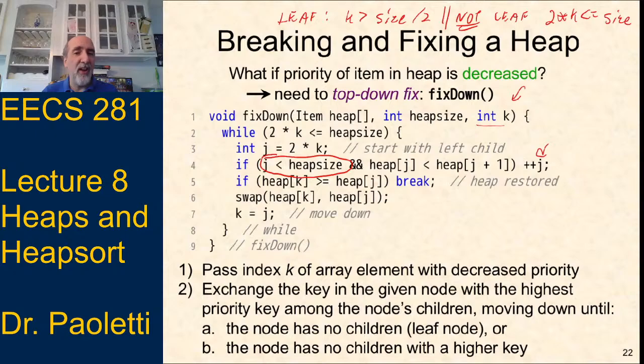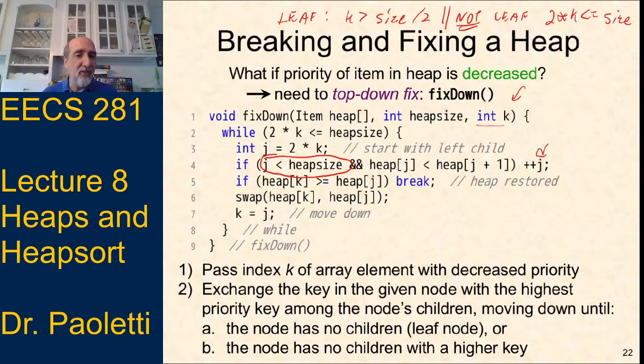In line 3, we said, I know I've got a left child, and I'm assuming the left child is the highest priority. Line 4 is saying, well, if you've got the right child and it's a higher priority than the left child, then the index of the child you need to swap with would be the right child. So after line 4, j is the index of the highest priority child.